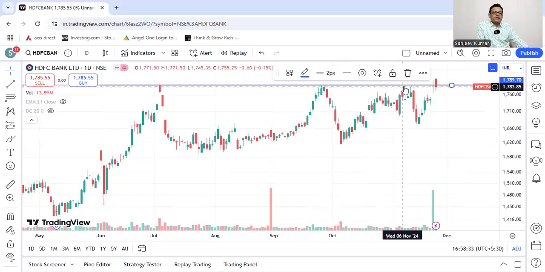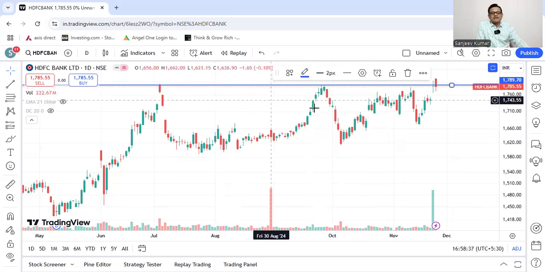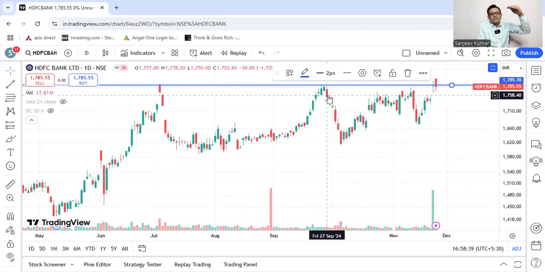Again you can see it is very difficult to cross this resistance line because there is some selling pressure. When the share price reaches this place, there is some selling pressure or profit booking, whatever the reason, and due to selling pressure it again moves downward.